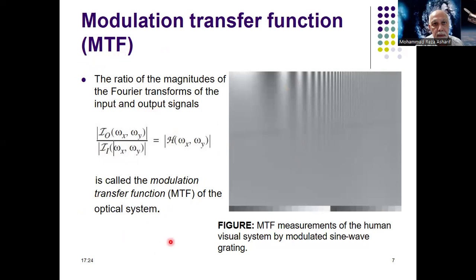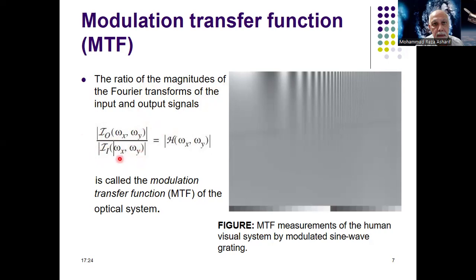MTF is the modulation transfer function. Previously I talked about the Fourier transform of the input and output. It is the ratio of the magnitude of the Fourier transform of the output to that of the input.